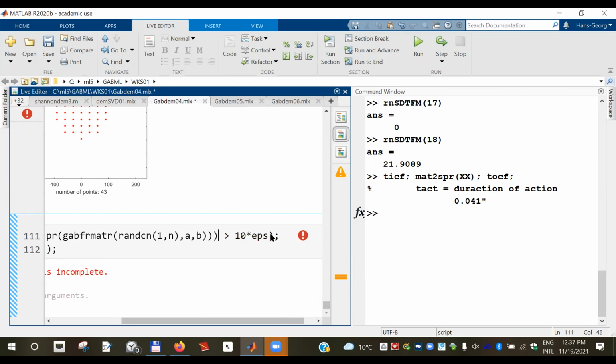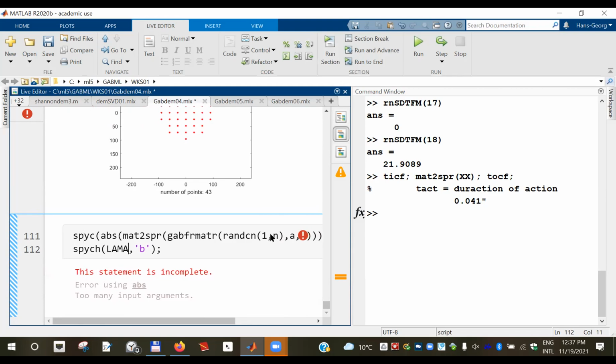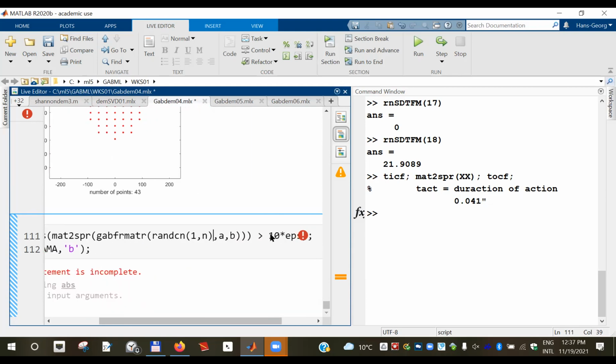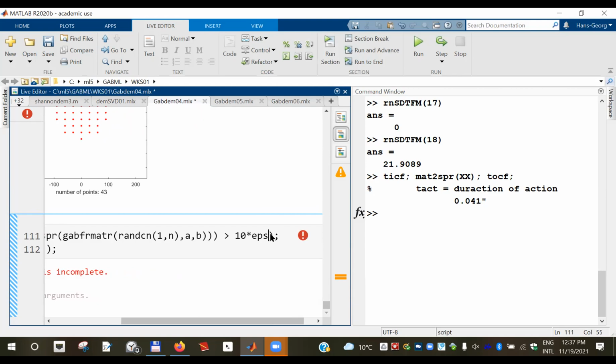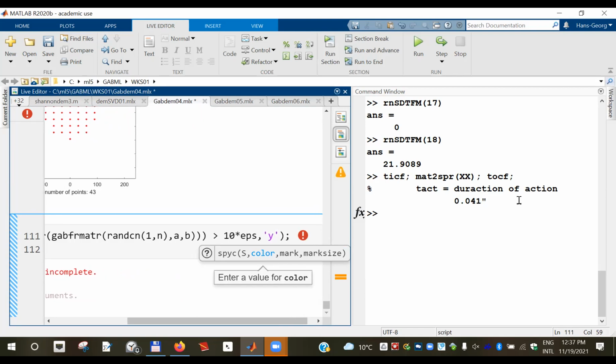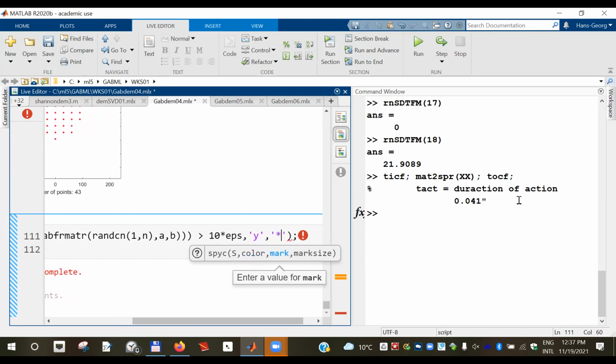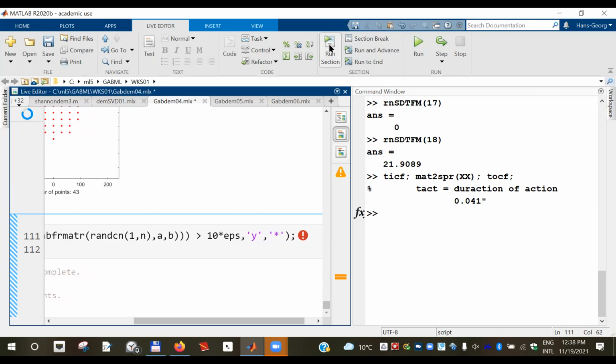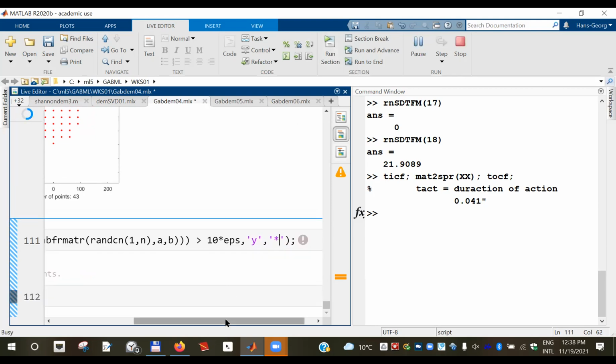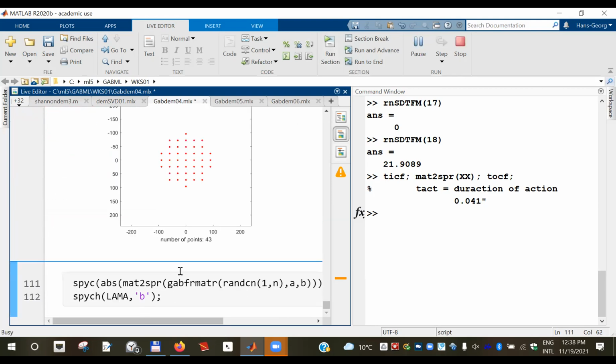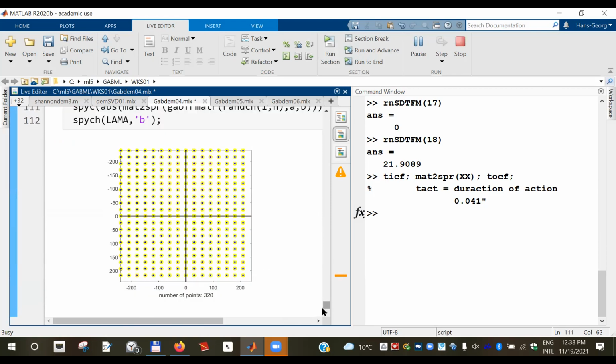First I have to check, and now the input has to be plotted, and then only after this, the spy command. Yellow and star. Yeah, that's now finally working.